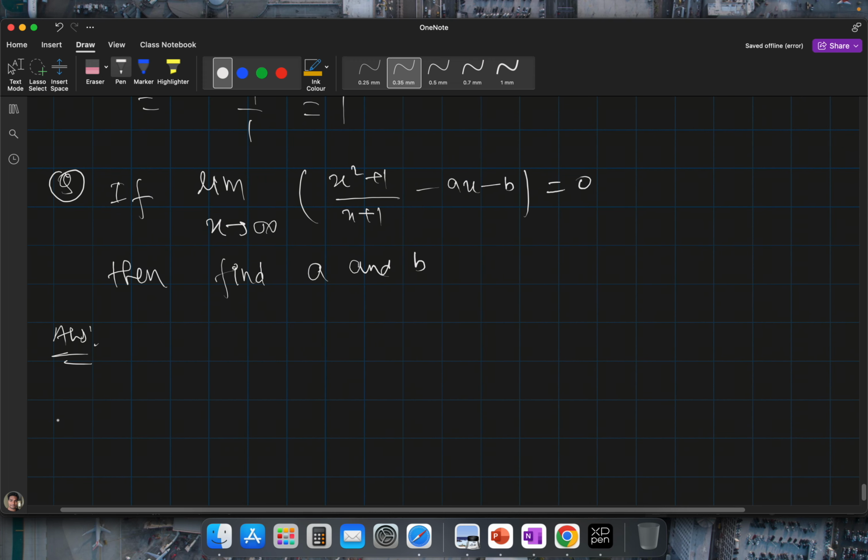Again, you cannot apply L'Hospital's rule. Is this form, can someone tell me, is it an indeterminate form?